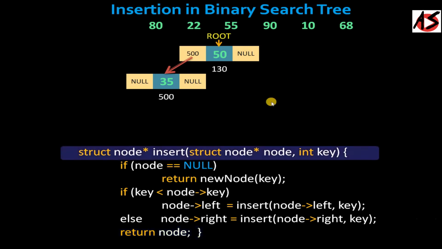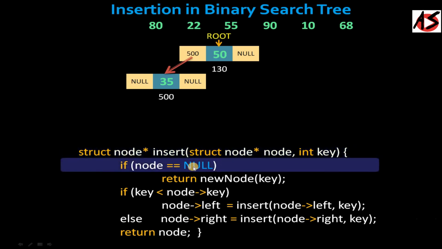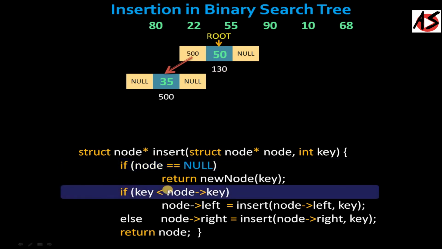Now, if you want to insert one more element, that is 80 here, so again you pass the root, that is address 130, and key as 80. Then you check if node is equal to null. Here node is root, that is not null. So you are checking the first condition: key less than node key. So 80 less than 50, condition false.